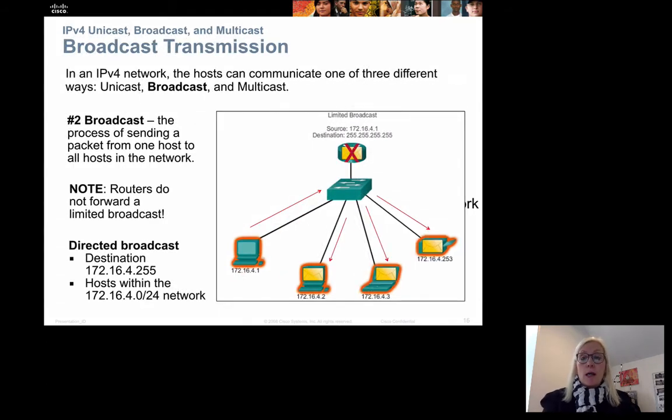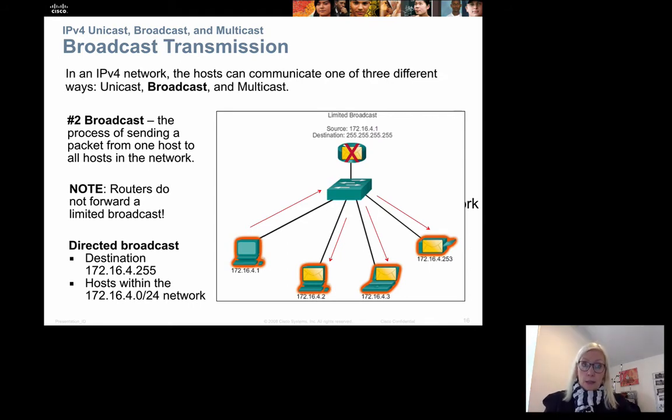Then we have the broadcast. The broadcast is when we send from one device to all the others on a network. Typically, the broadcast is just valid on the local area network, so the routers will not send broadcast out to other destinations or to other networks that it is connected to.